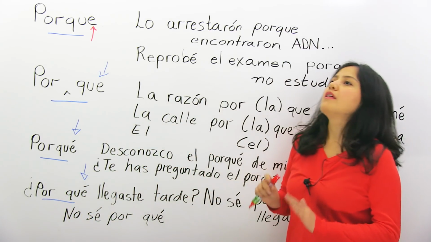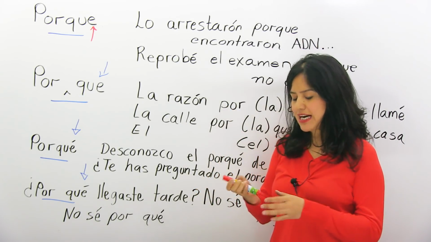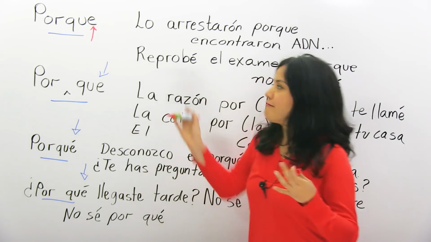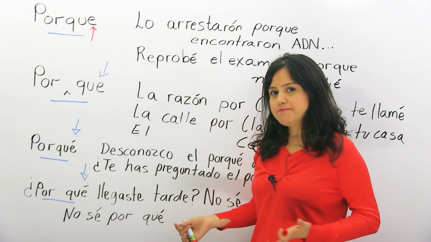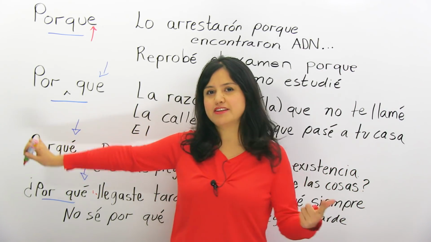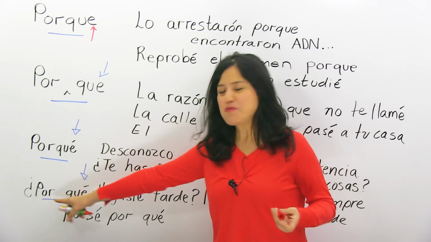Now, let me tell you first. Déjame decirte un secreto de esta palabra en español. From all these, the most popular might be this one, the last one. That's the reason I left it for the last. So you stay around. It's a trick. Muy bien. ¿Por qué?